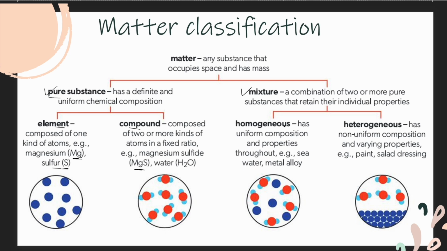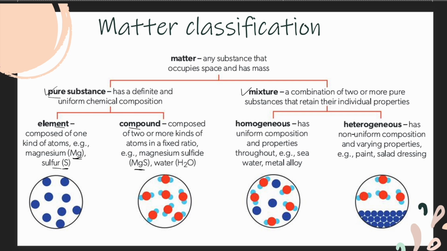Heterogeneous mixtures don't have the same composition everywhere and the components can be distinguished. For example, smoke has pollution that has a dark color, and also has air, oxygen, nitrogen. So you can actually see the difference between the components of the mixture.